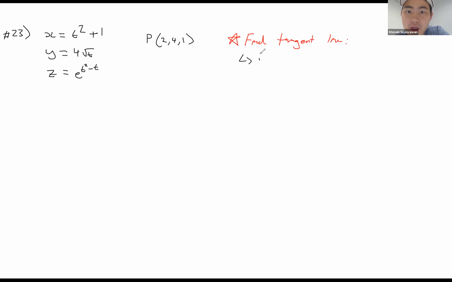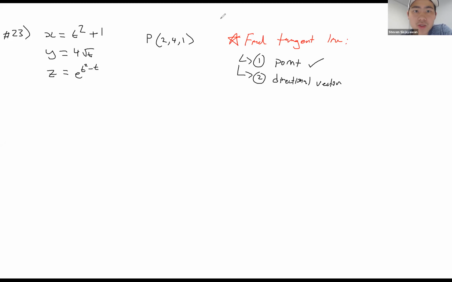First, we need a point. And the second thing we need to form a line is a directional vector. For this question, we are given a point, so that's a check. The only thing we need to find is the directional vector.